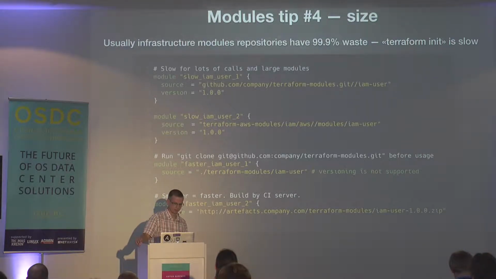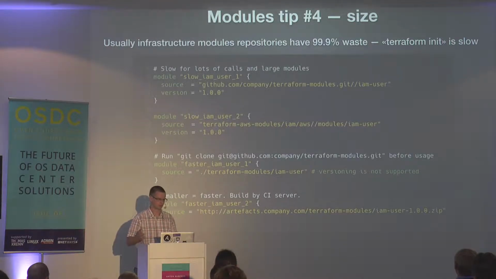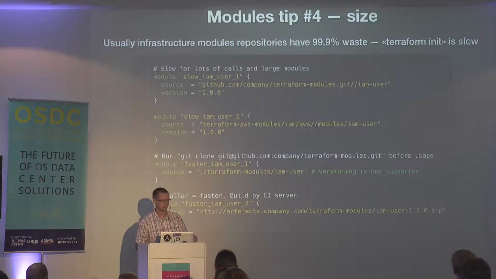In this example, line 19 is downloading from HTTP, from Artifactory or whatever, a specific module or specific version. Which means that it will be 99.9% smaller than the whole repository. This matters extremely often if you have a lot of invocations of the same module, which means that every time it has to download everything.